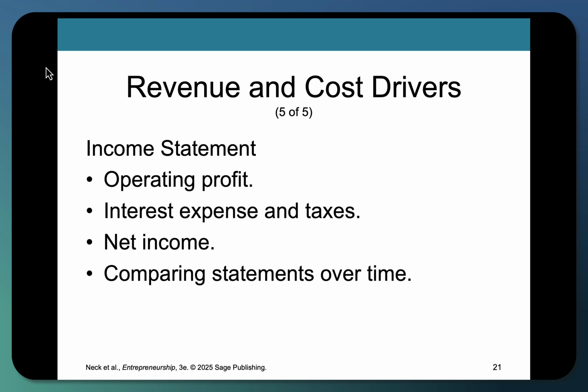Operating profit, the amount left over once you've paid all your costs and expenses. Interest expense, an indicator of the company's debt. Taxes, you've got to pay your local, state, federal, and municipality taxes if they apply. Net income, what is left over after all costs, expenses, and taxes have been paid. So you kind of have to think about that.